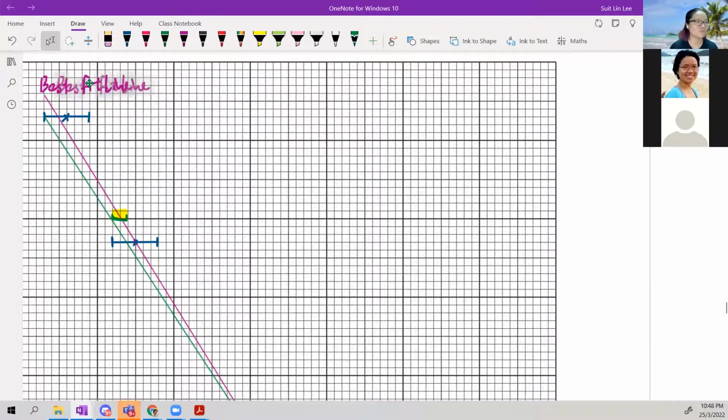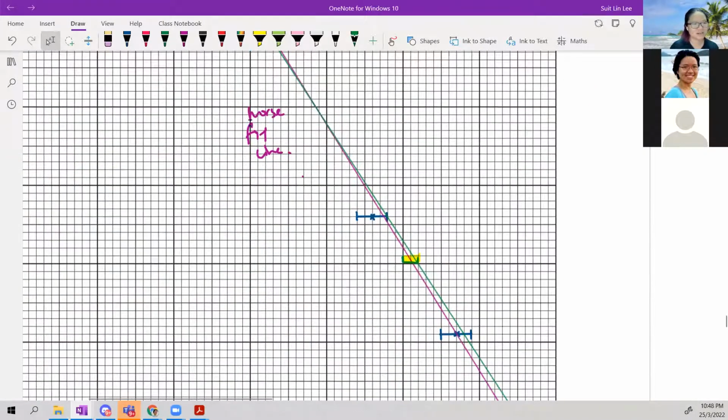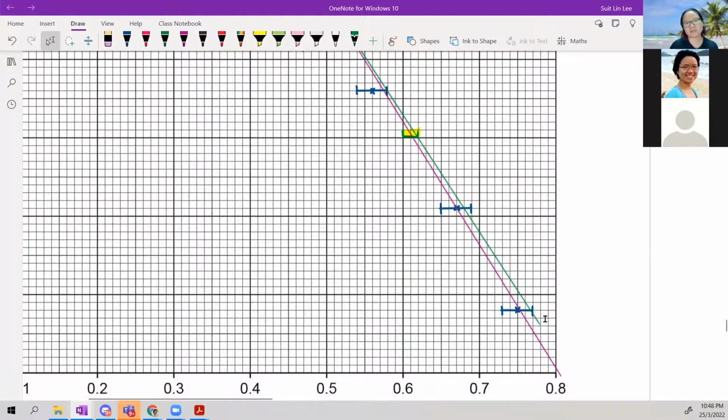Even better if you just draw an arrow to make it very clear: this is my best fit line. But you don't draw an arrow also can lah. You want the graph grid to be as clean as possible. Just put this very close so that the line is obvious. And then for your worst fit line, I can just label down here.